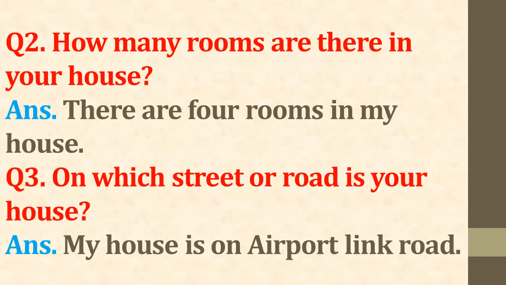And question number 3 is, on which street or road is your house? Okay, you tell about here on which street or road is your house. I write here about my house. So, my house is on Airport Link Road.